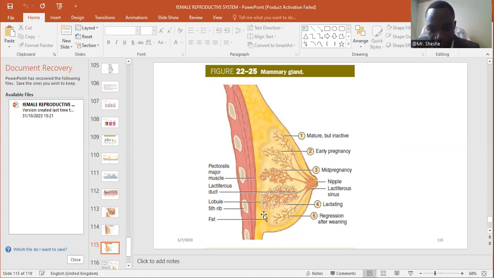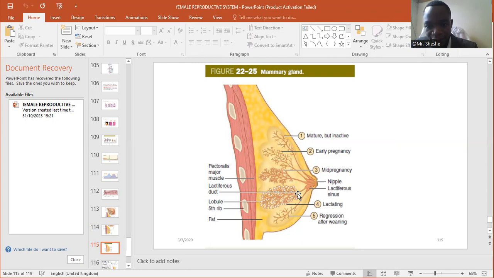So from each acinus, or from each lobule, there's a small duct. So let's say we have 500 lobules. We expect 500 ducts. Then eventually we'll need one duct to leave that lobe. So this is one lobe, then this is one duct. All these small ducts connecting to the lobules are finally going to form one single duct.